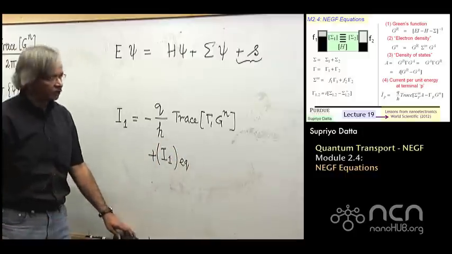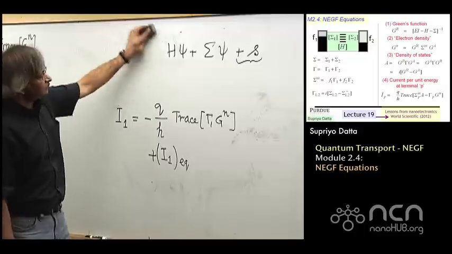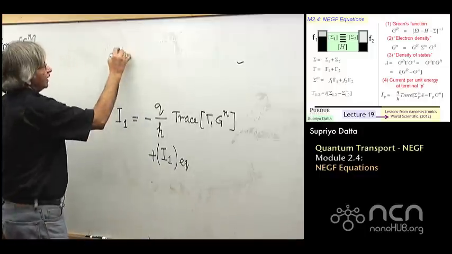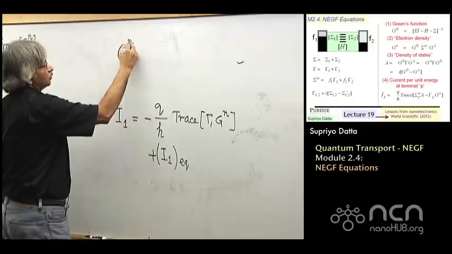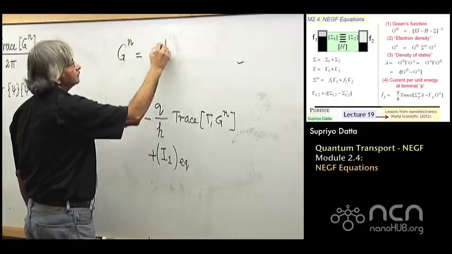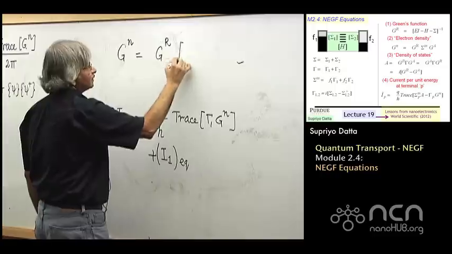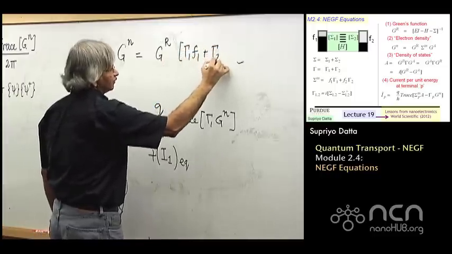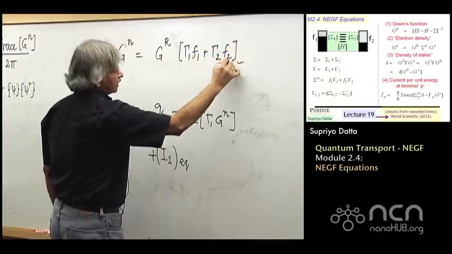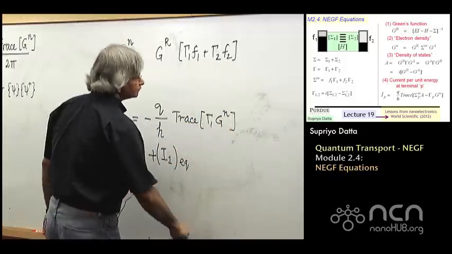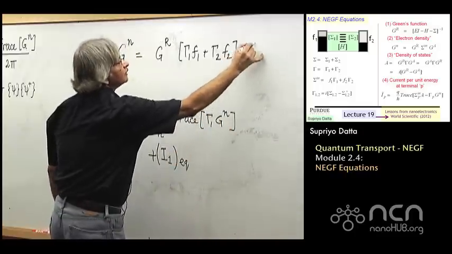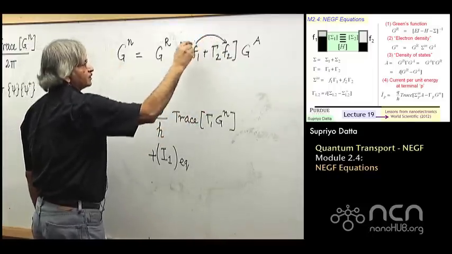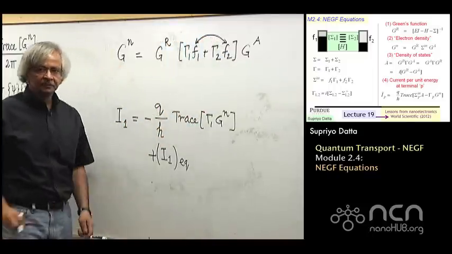Well, in general, we have seen that Gn is equal to Gr times gamma 1 F1 plus gamma 2 F2 times Ga. And at equilibrium, both contacts have the same Fermi function, F1 and F2.